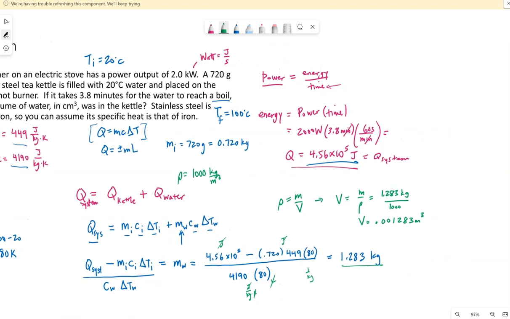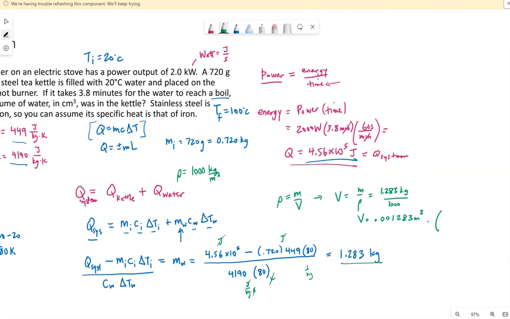To get it to centimeters cubed, we know there are 100 centimeters in a meter. We have to cube the entire conversion. So we're going to be multiplying that by 100 cubed. That makes it a big number. So we have approximately 1,300 centimeters cubed.